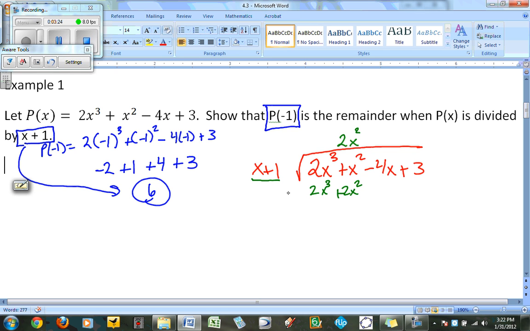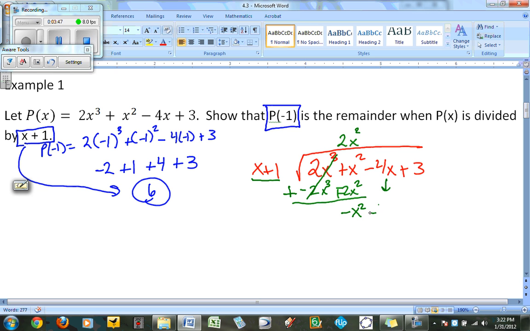We're still doing long division, so we need to subtract. When I subtract, I cross the line and change all of the signs, and this cancels out, which is exactly what we want. Then we have x squared plus -2x squared, which gives me -x squared. And I'm going to bring down my next term.